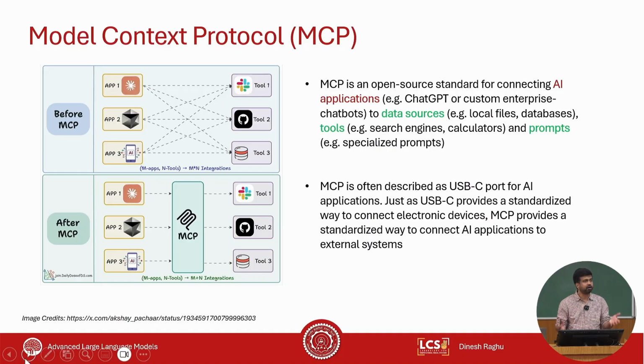It also got community adoption, in the sense that, like I mentioned, for the internet people had a search catalog for all the web pages out there. Similarly, people found MCP so useful that they started to build search catalogs for MCP servers and clients as well, so that people can use them.